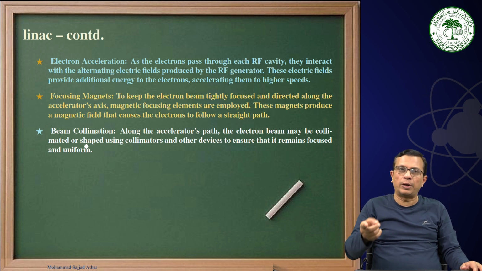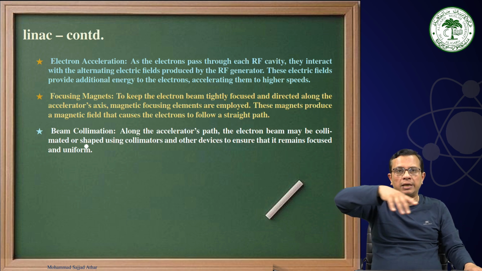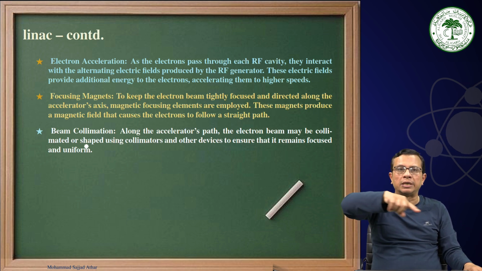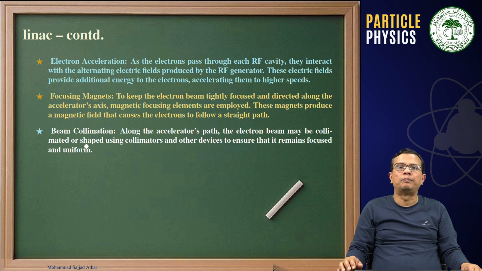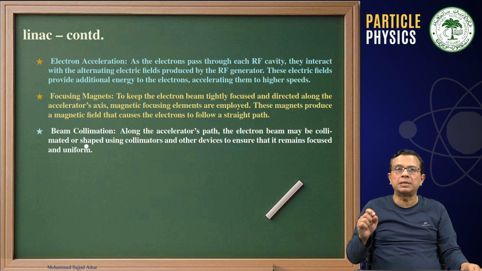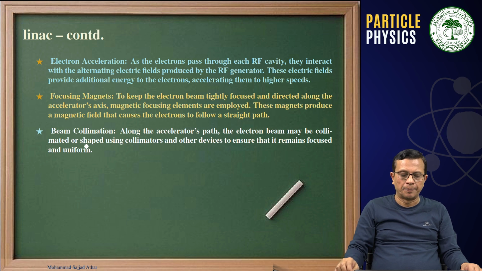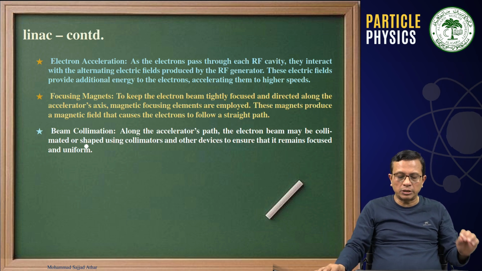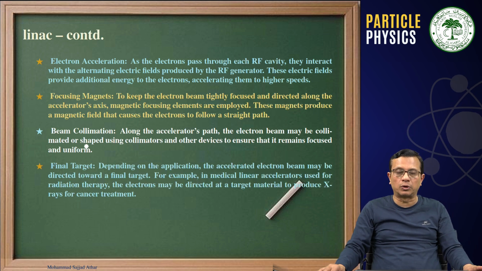Mind you, when we were talking about cyclotrons, we forced the charged particle to follow the circular path. Here we are forcing them to follow a straight path. That means for collimation, we are using the magnetic field. Now, along the accelerator path, the electron beam may be collimated or shaped using collimators and other devices to ensure that it remains focused and uniform.